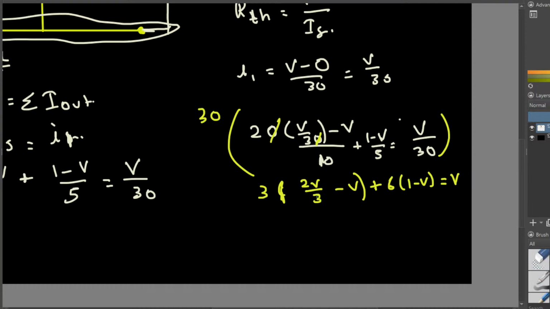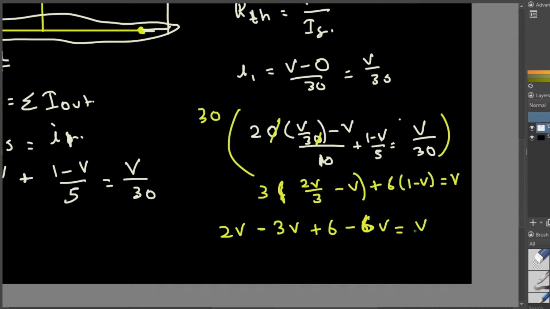3 times this is going to be just 2V right here, and 3 times this is going to be minus 3V, and then plus 6 times 1, that's 6, and then 6 times V, that is negative 6V, and that's equal to V. Let's add the like terms. So 2V minus 3V is minus 1V, minus 1V minus 6V, that's minus 7V.